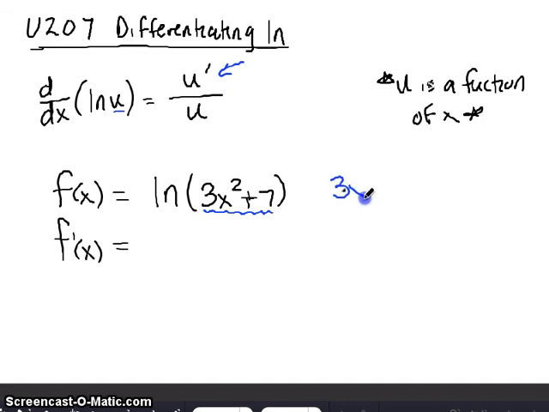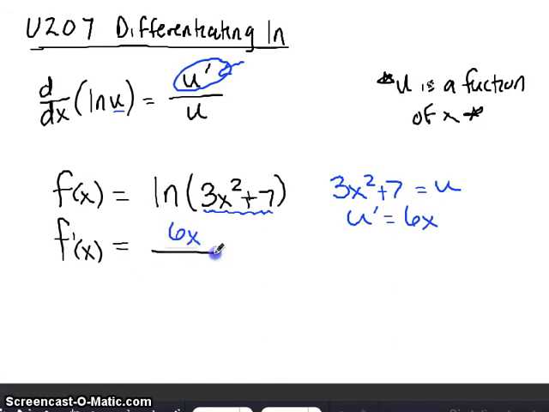So we need to think of 3x squared plus 7 as u. So when we get to our u prime, we know that u prime over here would be 6x. So our derivative of natural log of 3x squared plus 7 is going to be u prime, which we just said was 6x, divided by u, which we called 3x squared plus 7. That's your natural log rule.